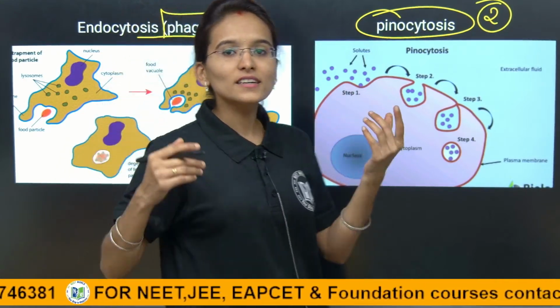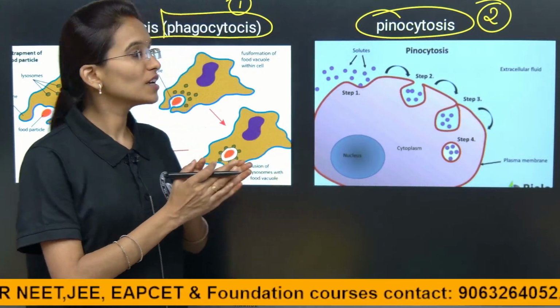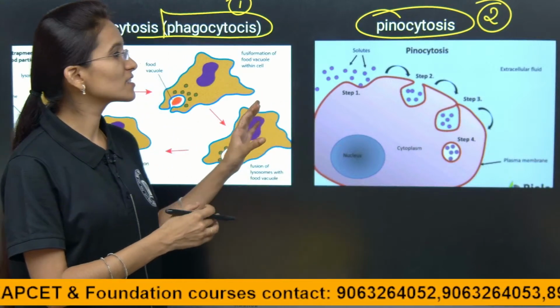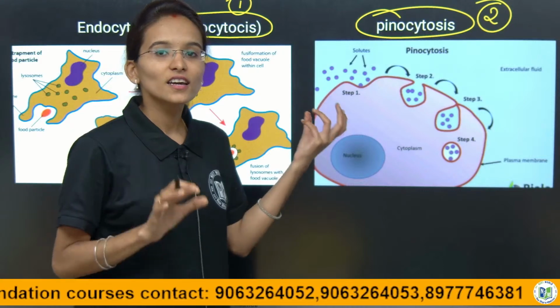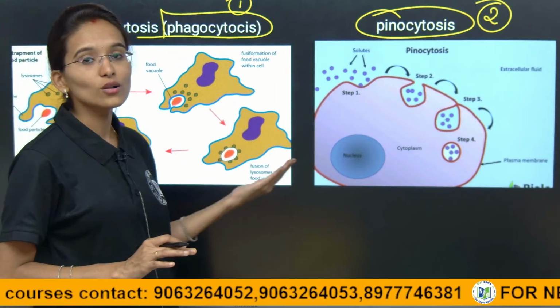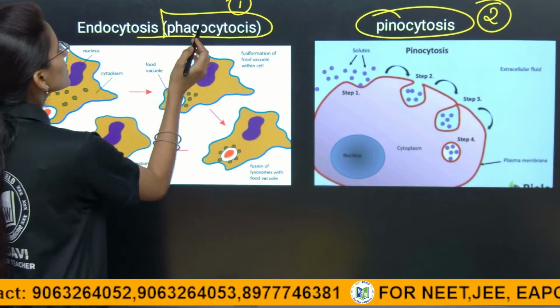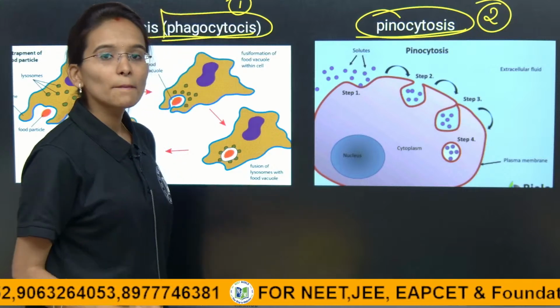So remember, bulk transport mechanism is also an active way to transport the large food molecules and food particles along with some large macromolecules. Here also you need energy. This is also an active mode of transportation.